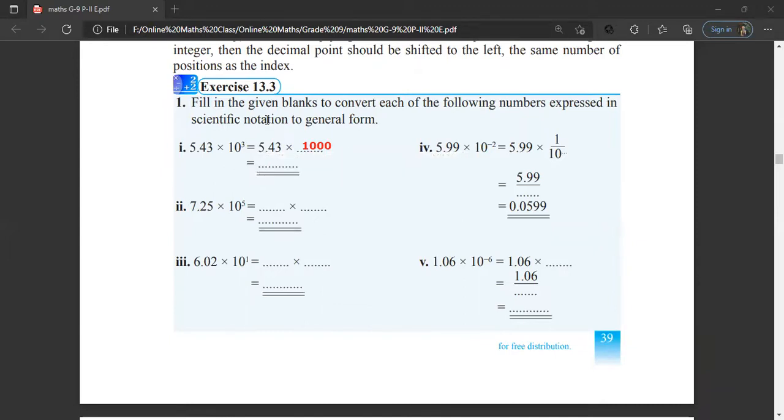Why? Because this decimal point will move to the right side. How many zeros are there? 3 zeros. 1, 2, 3. We don't have any decimal places left, so you have to add a 0 after the 3. Then 5,430. Second question.